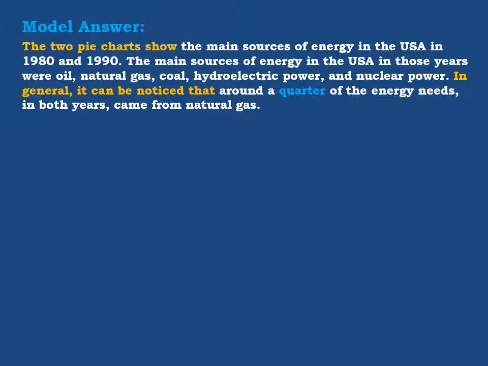And here we have the phrase, it can be noticed that around a quarter, and because here we are talking about percentages in pie charts, we can use a quarter, which is 25%, around. So it might not be 25% exactly. It could be around 24, 23, or 26, something like that. So here he is giving a general idea about one source of energy, which is natural gas. A quarter of the energy needs in both years came from natural gas.